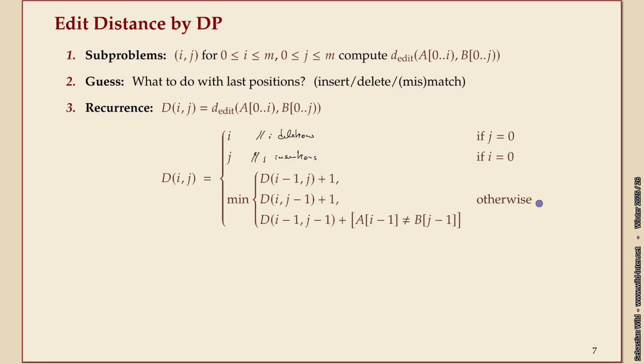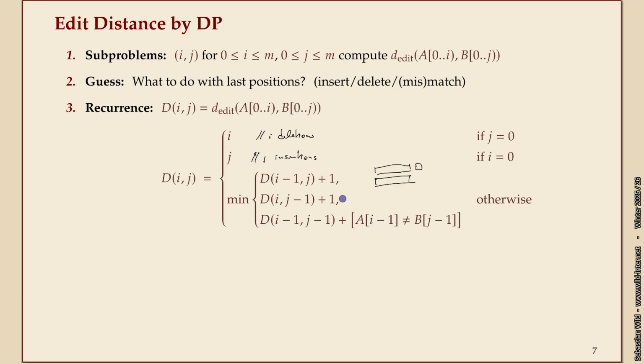If we're not in these degenerate cases where I have no letters from one of the two strings, then I can always do the 3 options for the last step. This one says I'm taking one more character from the top string, but I leave the bottom one alone. So that's essentially, I shouldn't have drawn it like this, I guess. I'm deleting this character.